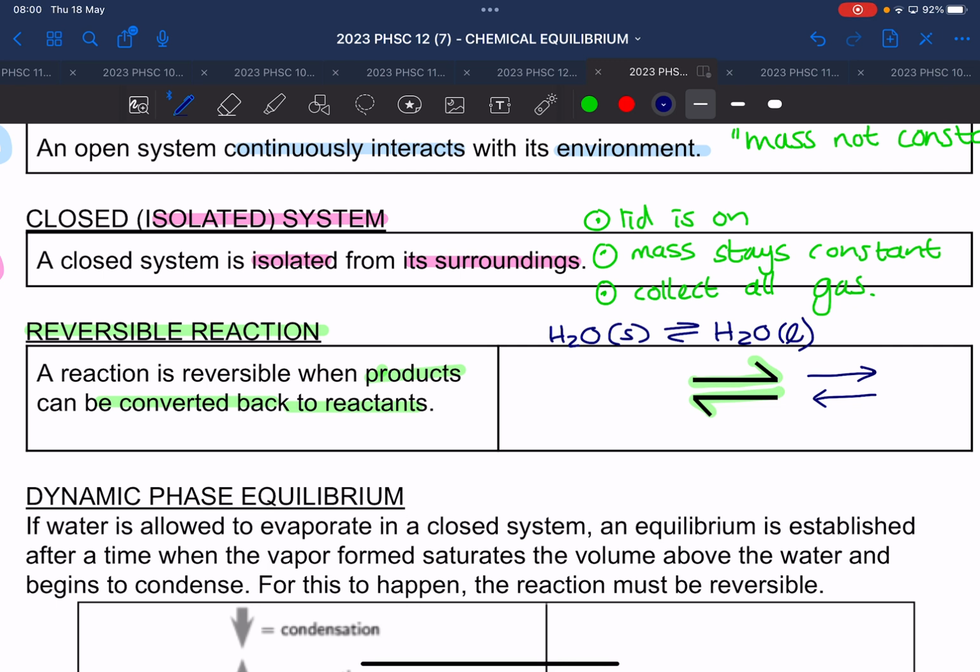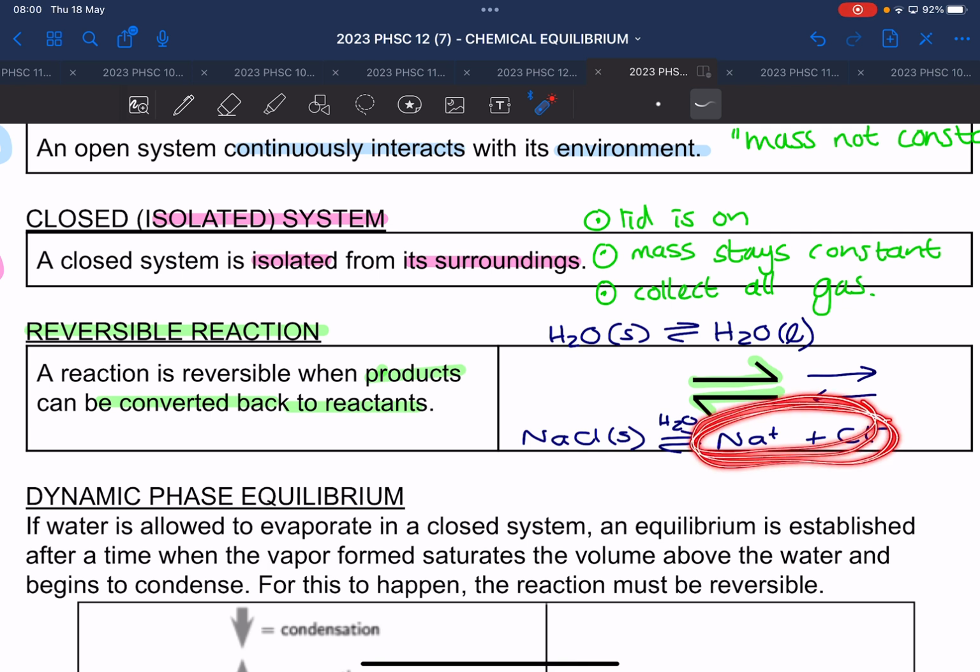Another reaction, for example, is where you have sodium chloride solid and you dissolve it in water, and you get the sodium ion and the chloride ion. Then if you take that salt water and heat it up slowly and the water evaporates, it will give you salt crystals on the side of your container again. So that is an example of a reversible reaction, but we are going to get to more complicated ones.